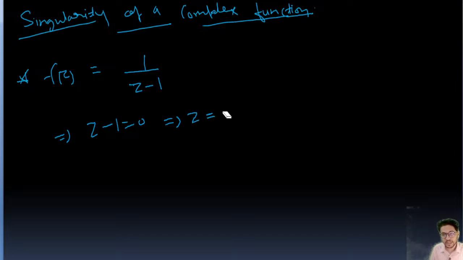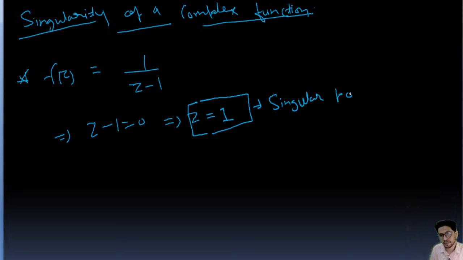If you put z equal to 1 in this expression, f(z) is going to be infinity. So z equal to 1 is a singular point. If you put the point in the expression and the expression becomes infinity, that value is a singular point.